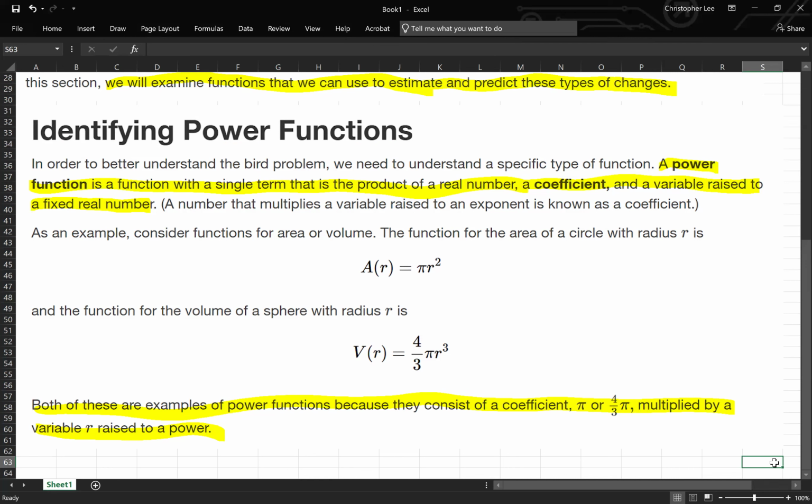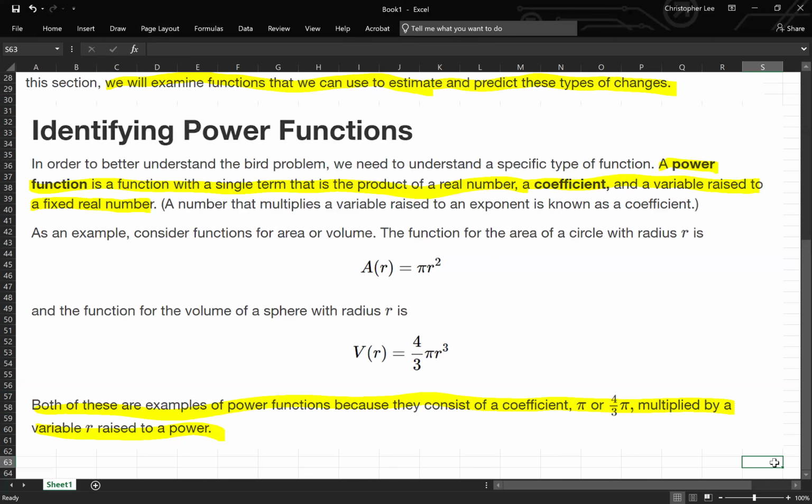So as an example, consider the function for area or volume, right? The function for area of a circle with radius r is A of r is equal to pi r squared. We know that, right? And the function for the volume of a sphere, like a basketball or something, right? With radius r is V of r is equal to 4/3 pi r cubed, right?